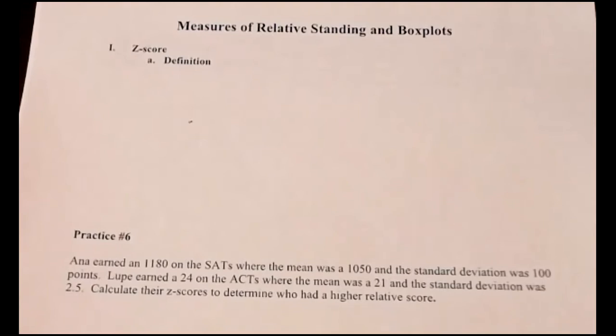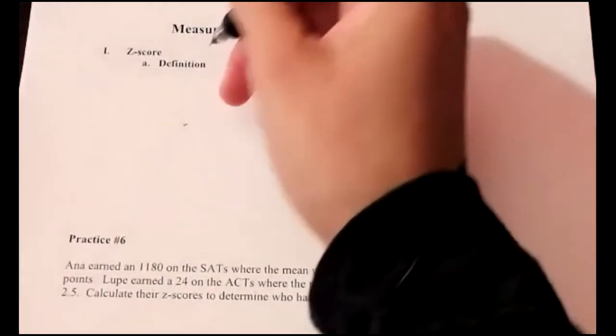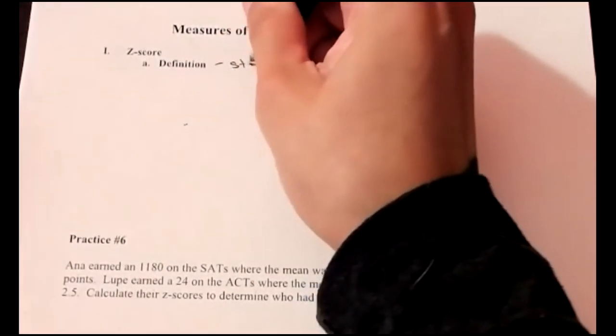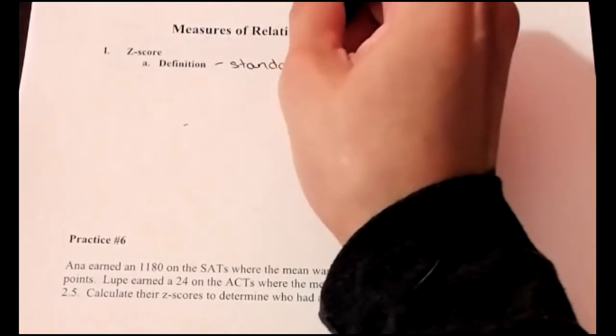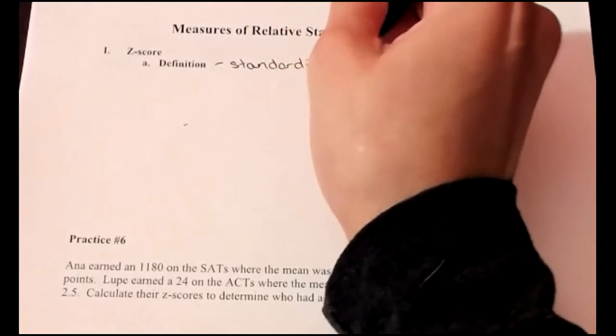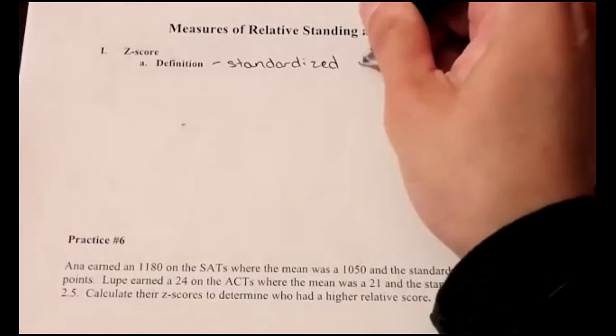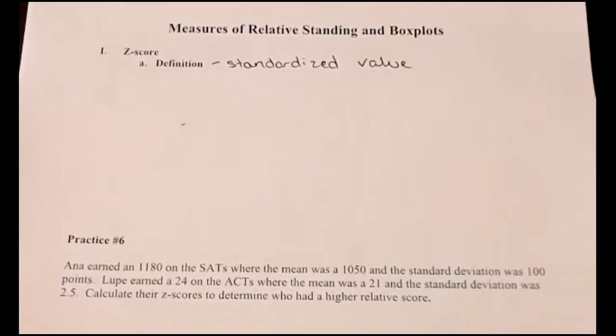So let's start with a definition. A z-score is a standardized value. It's basically what lets you compare apples to oranges. When you standardize your data, you can literally compare two completely different populations, which is incredibly helpful to statistics.